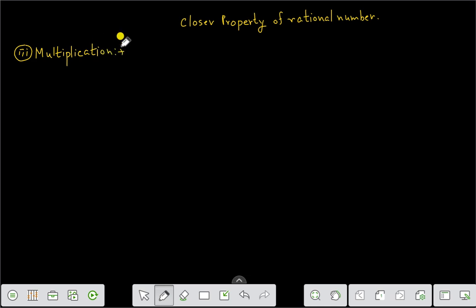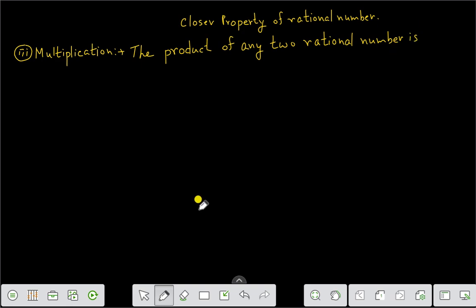What is that property? Here, the product of any two rational numbers is always a rational number.